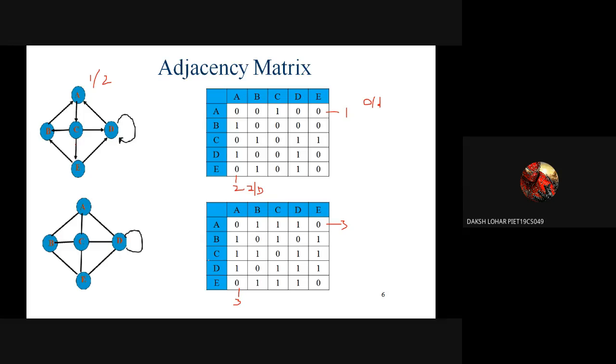Twice. Twice or not? In case of directed graph, the number of ones is equal to the number of edges.